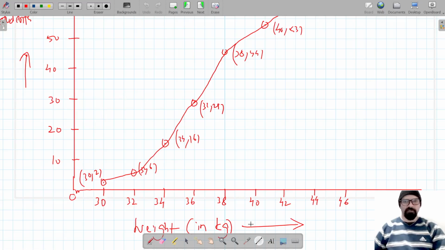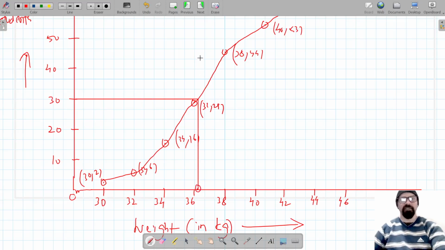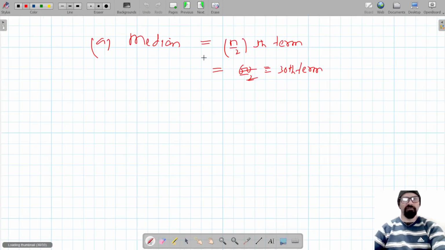So this is 30, and if we draw a perpendicular line from here which meets the ogive at this point, and from that point we draw it down to the x-axis, it will meet somewhere here. For me, the value looks like 36. If you exactly check on your graph paper, it will come out to be 36.15. If you calculate it from the number of divisions, the 30th term comes out to be 36.15. So this is the median weight.